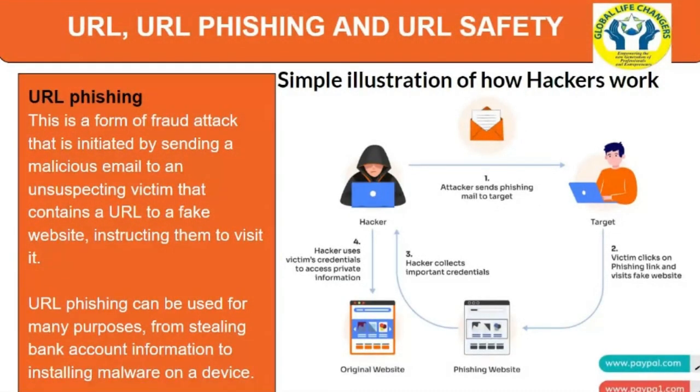So typically, a victim receives a message that appears to have been sent by a known contact or organization. The attack is then carried out either when the victim clicks on a malicious file attachment or clicks on a hyperlink connecting them to a malicious website.